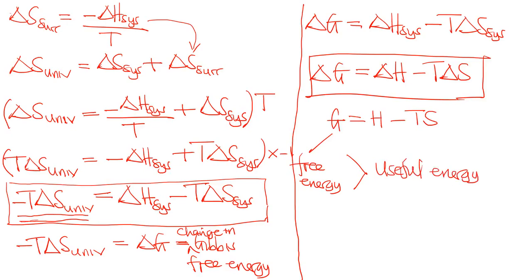It is a useful energy that a thermodynamic process can use to do work. So how do we get the useful energy? We get useful energy by subtracting non-useful energy from total energy.